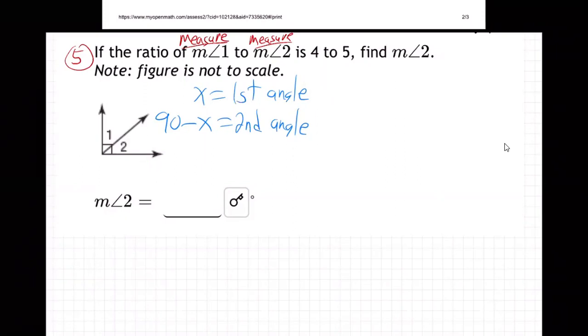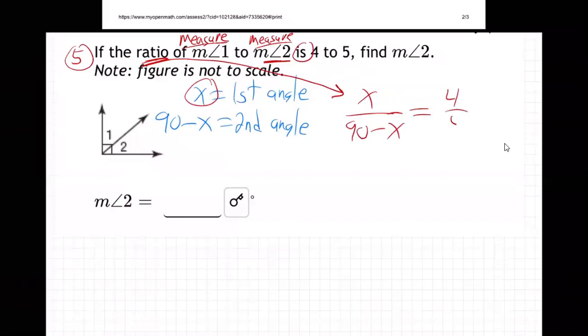Now, what do we do from there? Well, the ratio, what does ratio mean? It means fraction, doesn't it? So the ratio, angle 1, well, that's x, over angle 2, which is 90 minus x, equals 4 to 5.